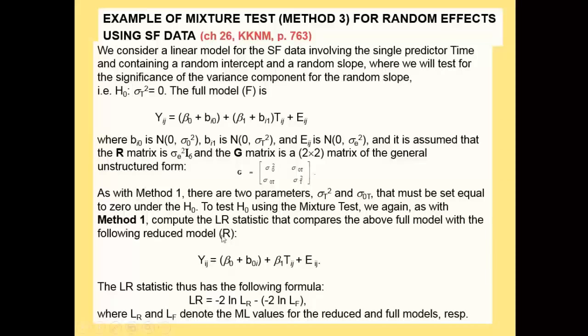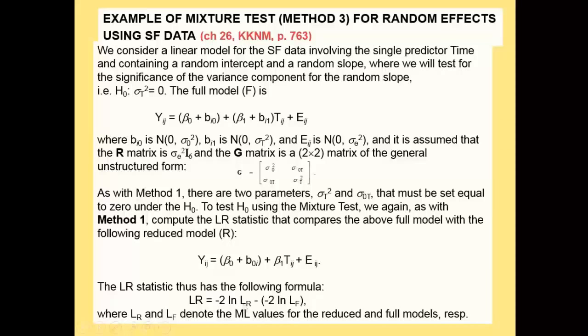It's a slightly different example, so that's why I'm calling it sigma_t squared. So here's the full model, here's the reduced model. I fit this model, I get -2 log likelihood for this model, that's LF. I get -2 log likelihood for this model, that's LR. I subtract the two, and I have a likelihood ratio statistic.